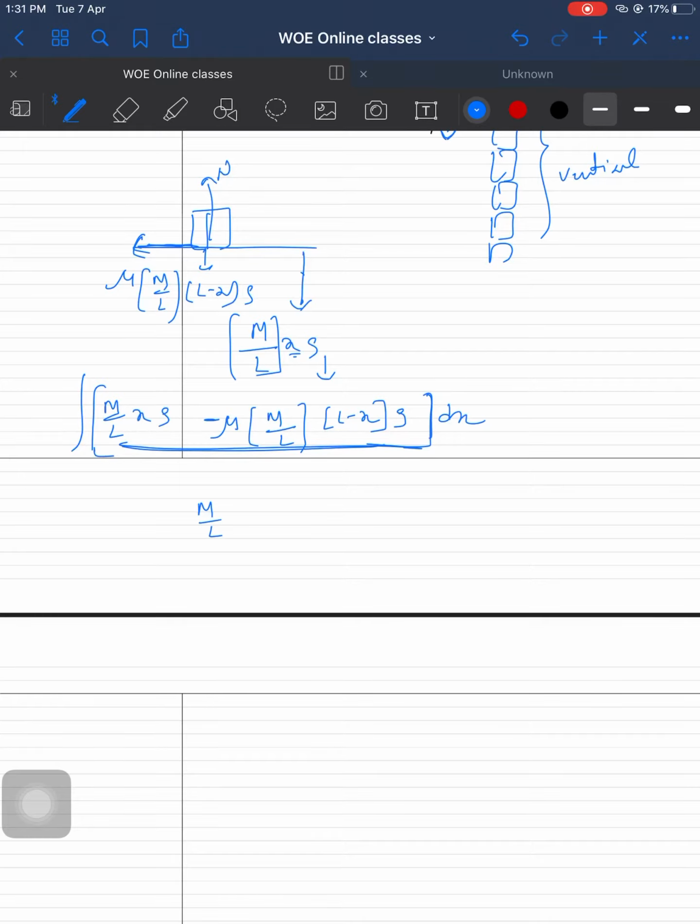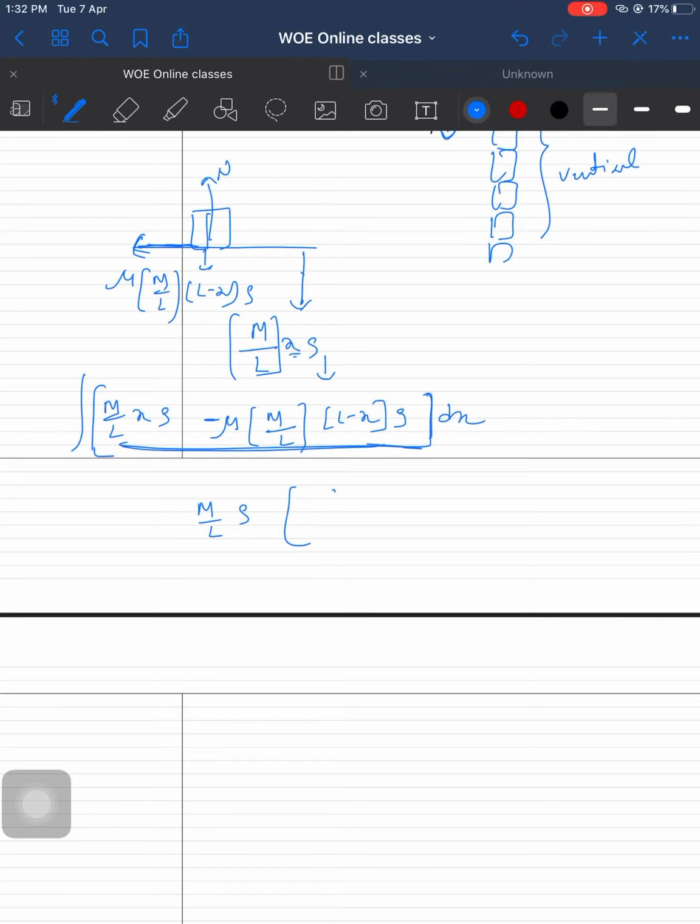If we subtract, we can take m by L into g out as a common factor. The integral of x dx is x square by 2, and minus of minus becomes plus.